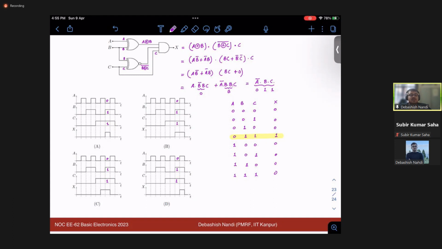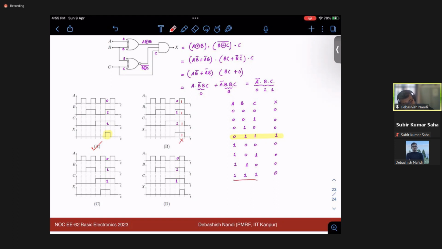And which option will be giving us that, that option will be the right answer. Okay, so we can see that this is the one. I can simply say that A is the right answer, because in this case 1 1 1, here output is 1, which is not correct, right?